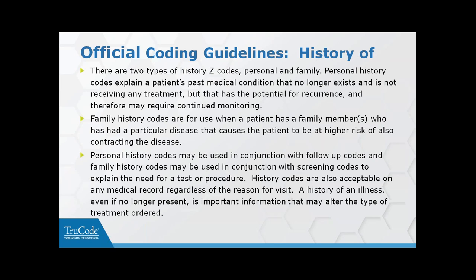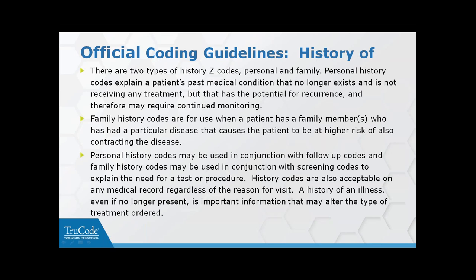Now, when would you use a personal history versus a family history? Personal history, again, is when that particular patient has a problem, or a history of a problem. Family history is when you've got a family member who has a particular disease. Very important with diseases that do tend to run in families. So again, not every time that the doctor lists patients with personal or family history, only if those histories do impact their care today.